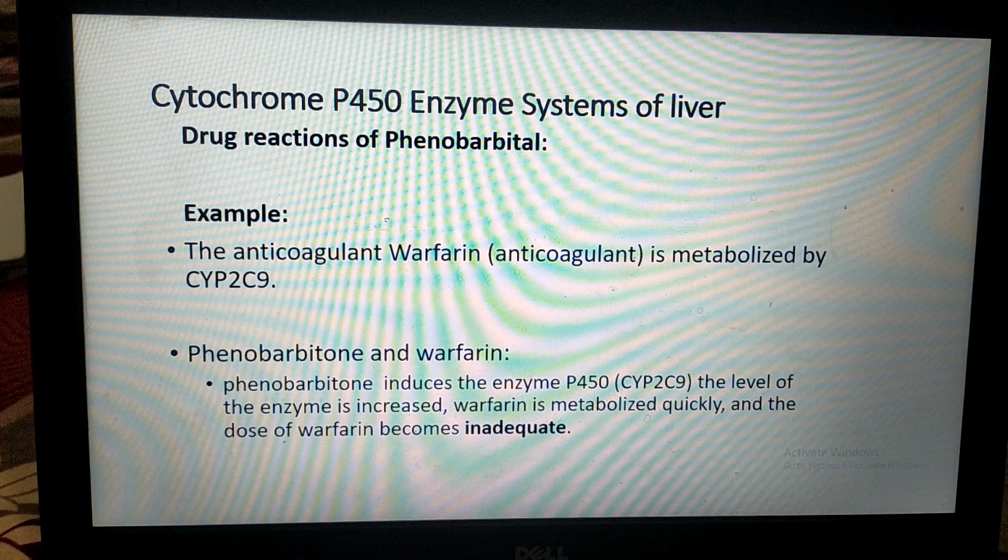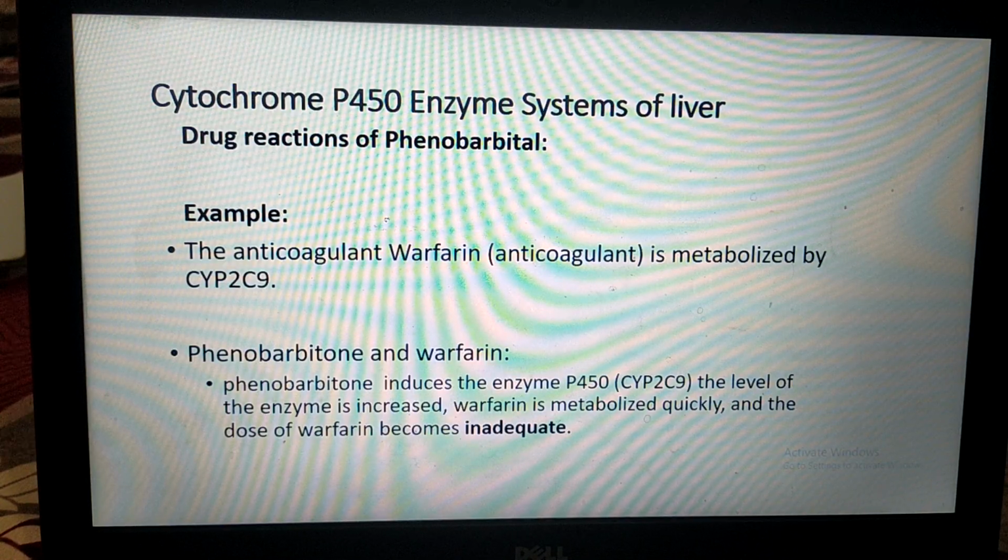Generally it is given to a person after major surgeries like cardiac surgeries, like angioplasty, open heart surgery, or when a foreign body is kept in our body. To prevent coagulation, we give this warfarin drug to the patient, but at the same time the patient is taking phenobarbital for another disease.